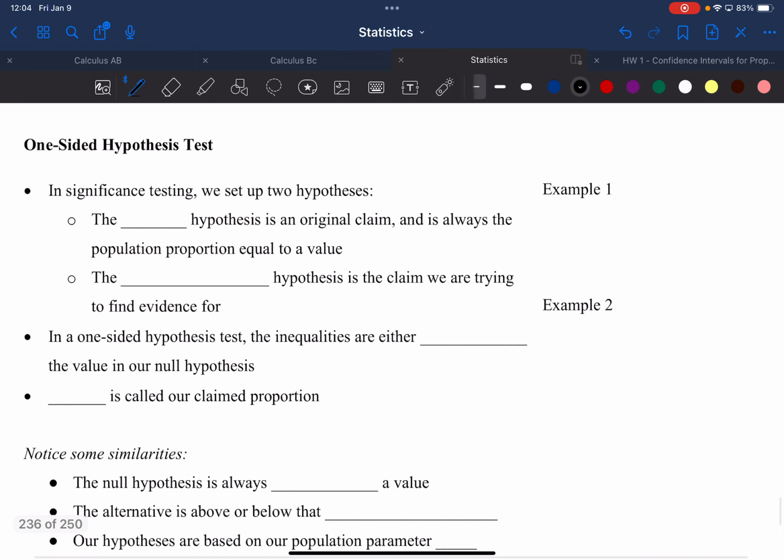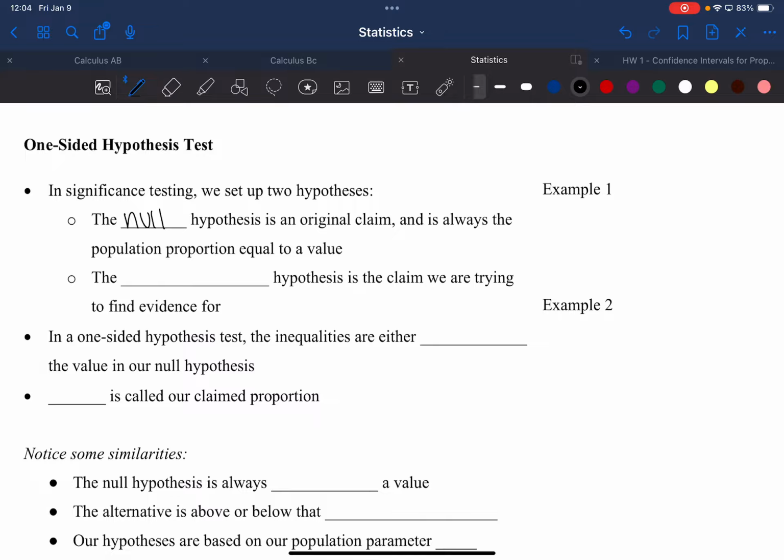Okay. So now we're going to talk about 2 different hypothesis tests, a one-sided test and a two-sided test. So in a one-sided hypothesis test, it says in significance testing, we set up 2 hypotheses. The null hypothesis is the original claim, and it is always the population proportion equal to a value.